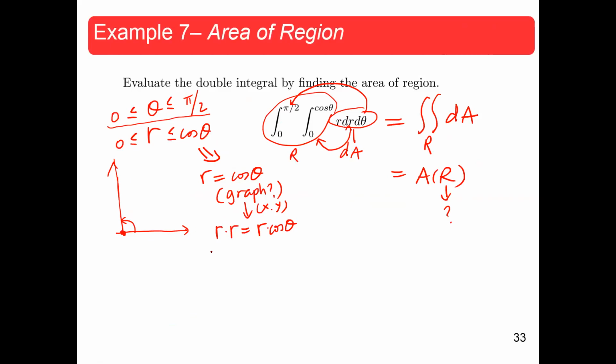By doing this, we have r squared, which is x squared plus y squared. And r cosine theta is going to be the x coordinate. So this is just x squared plus y squared equals x. And you can move the x to the left-hand side. We have x squared minus x plus y squared equals 0.